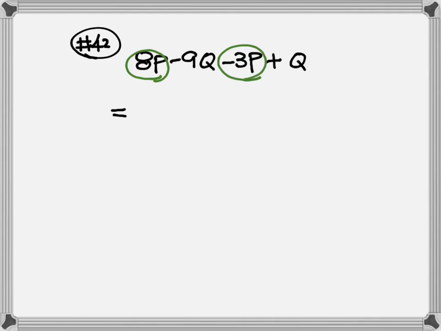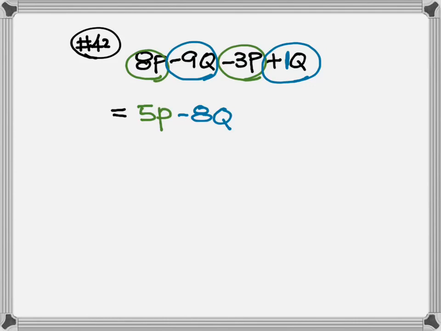So 8 minus 3 is 5. You keep your p. After that, we're going to combine the q, negative 9q plus q. If you don't see any number in front of the variable, actually it's a 1. So negative 9 plus 1 will be a negative 8. You keep the q.